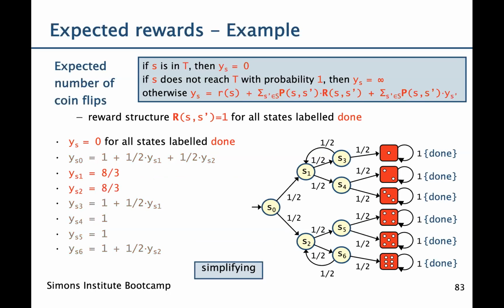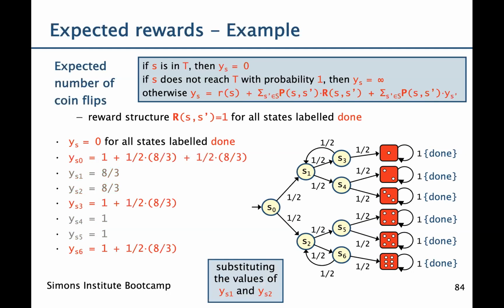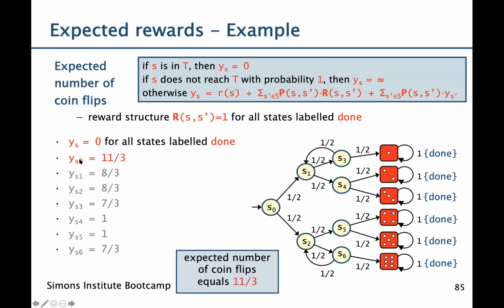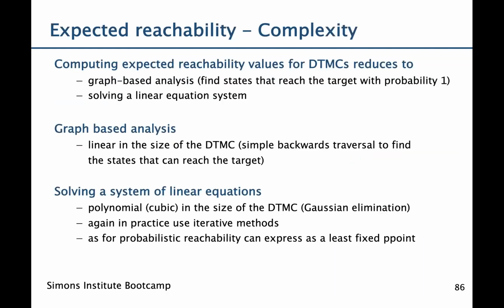We can simplify again, and then finally we can substitute these values into S0, S3, and S6, and we find out that y of S0 is 11/3. So the expected number of coin flips before we know the value of the die is 11/3.